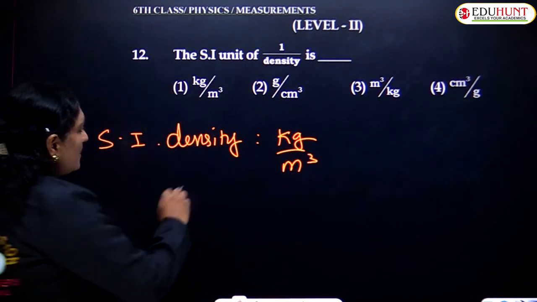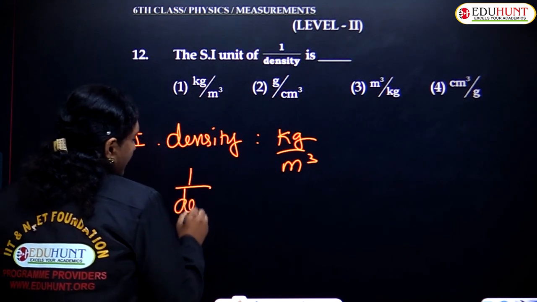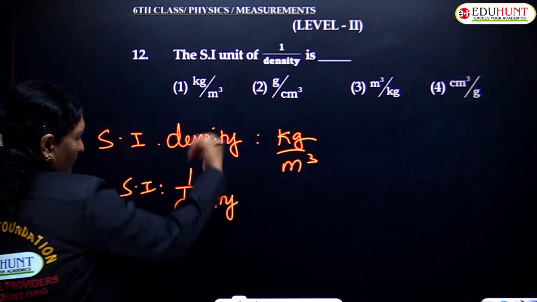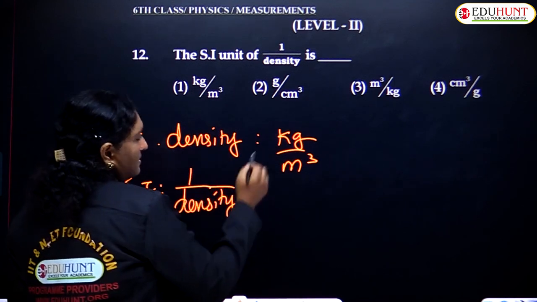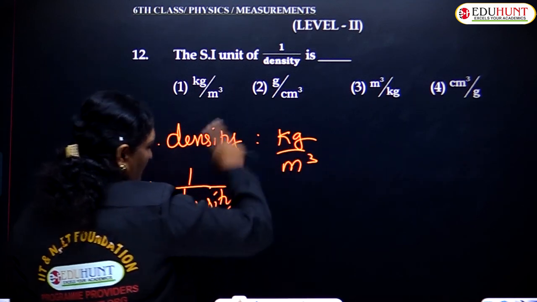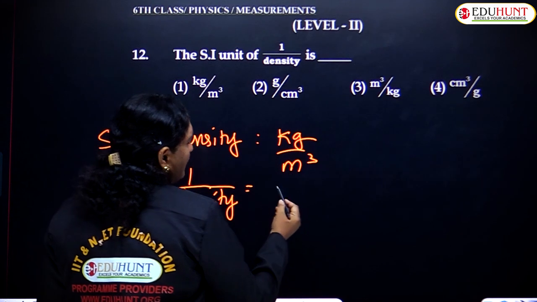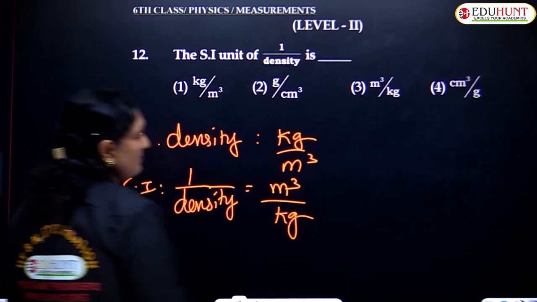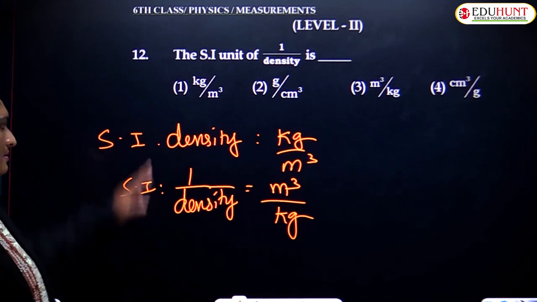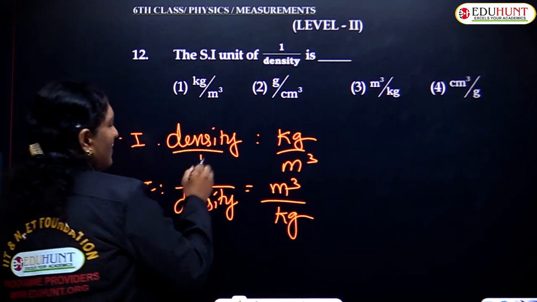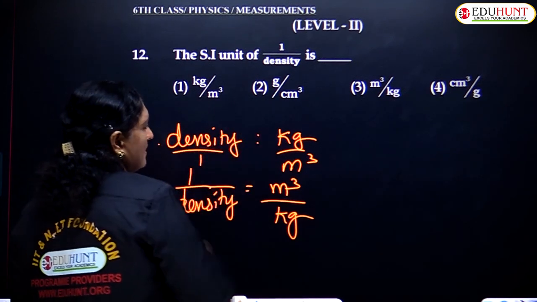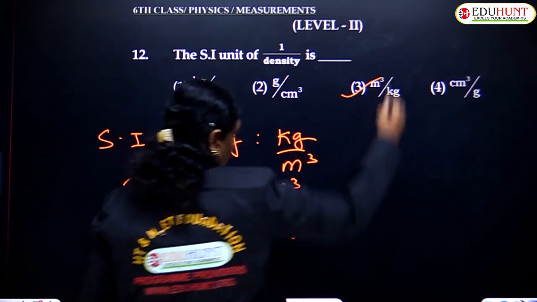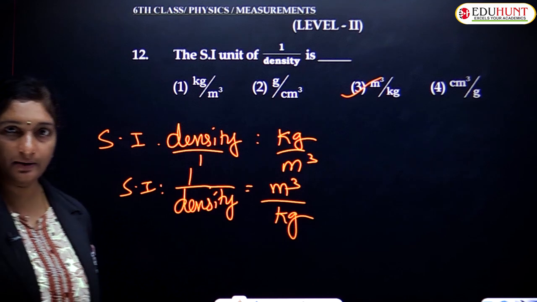But here you are asked to find the SI unit for the reciprocal of density. 1 by density means 1 by kg per meter cube. Take the reciprocal of that, and that will be meter cube per kg. So density is kg per meter cube; reciprocal means meter cube per kg. So this is your right answer. Okay children.